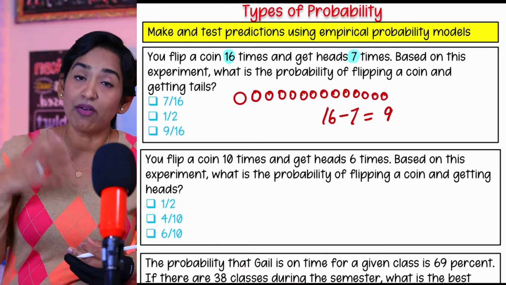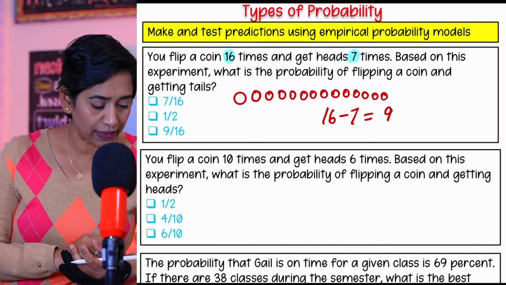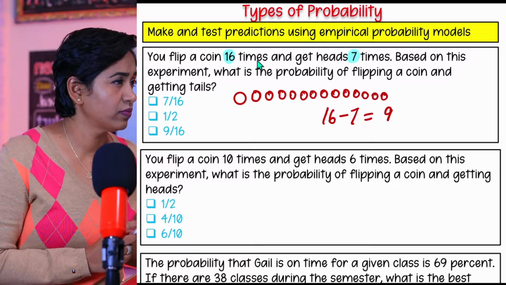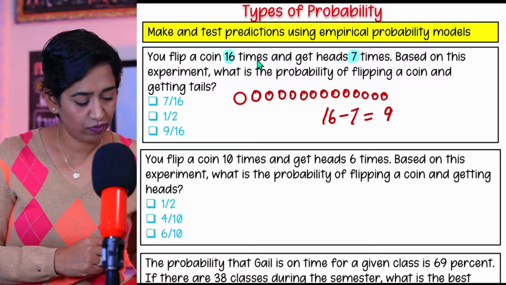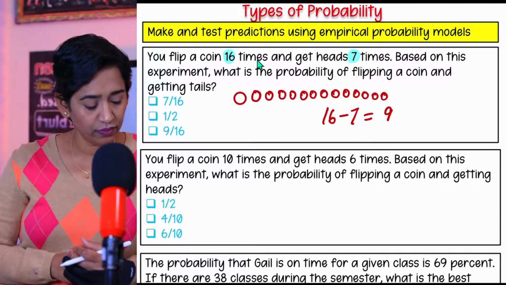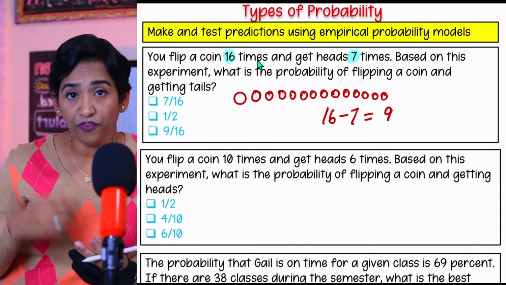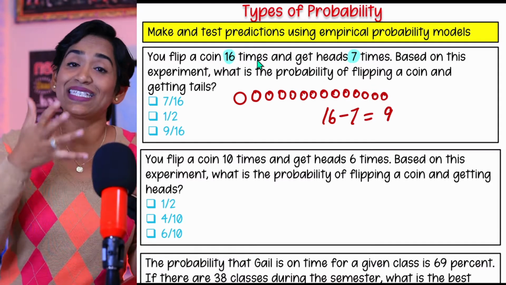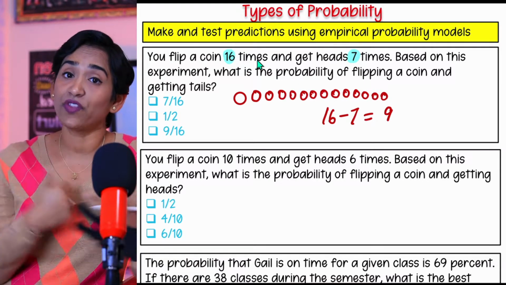So 9 of them are tails out of your 16 flips. 7 of them are heads, the remaining have to be your tails. So 9 of them are your tails.